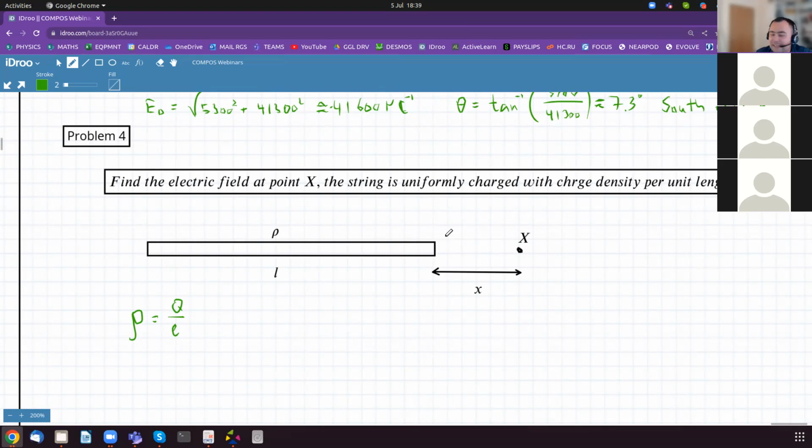So any thoughts? What could we do? And it involves the superposition principle, of course. The string is uniformly charged.